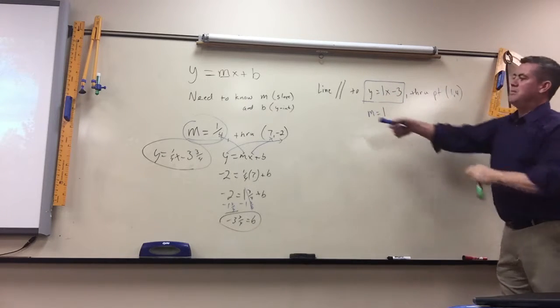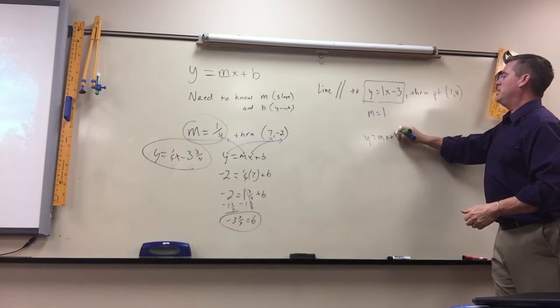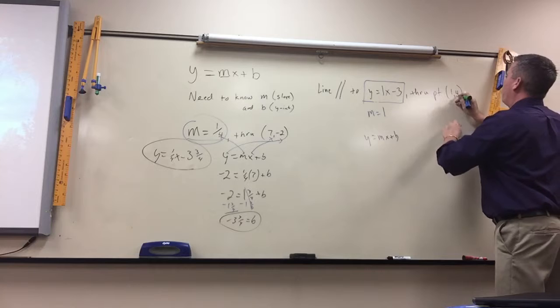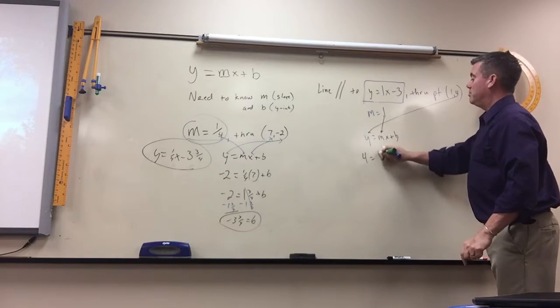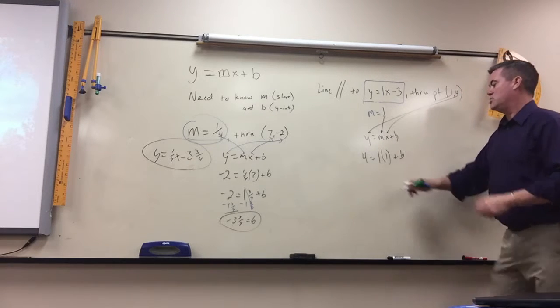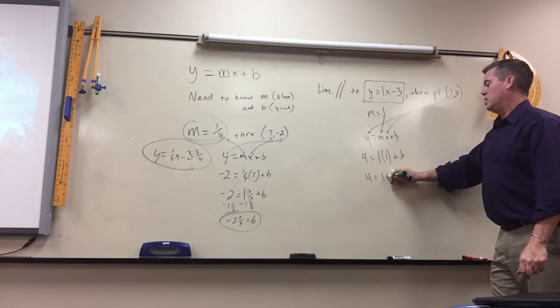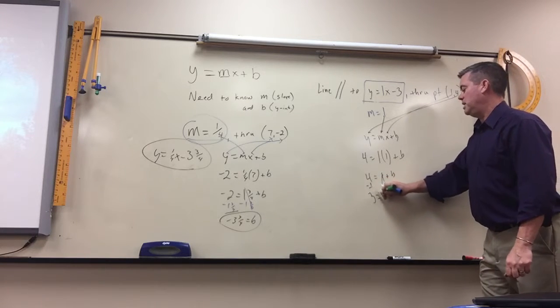So now you do the same thing we did there. Y equals mx plus b. So we put 4 in for y, 1 in for m, 1 in for x, plus b, and you solve it. 4 equals 1 plus b, subtract 1, 3 equals b.